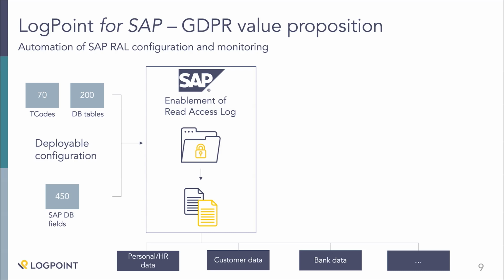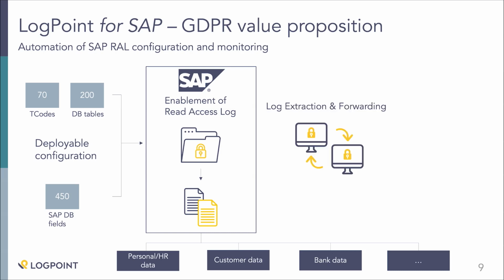We achieve logging of access to personal HR data, customer data, bank data, and other data in an SAP system. With our LogPoint for SAP software, we can then extract the log information and forward the data to the SIEM for further inspection and automated monitoring.